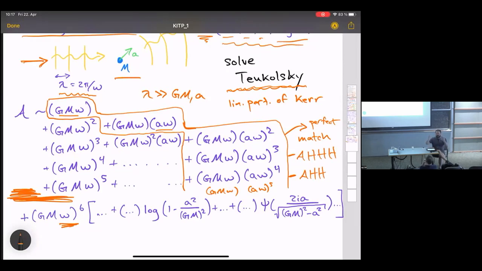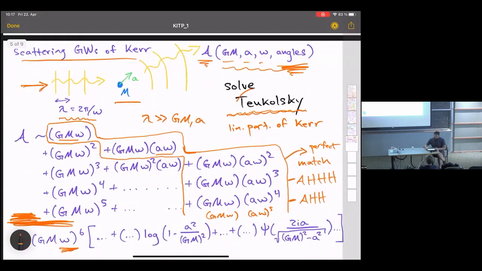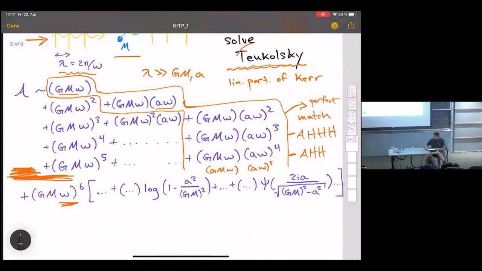By the way, the coefficients that I'm omitting, they only depend on these three angles that I was mentioning. In fact, they're also polynomial in sines and cosines of half of those angles, apart from some overall factor which represents the physical pole at forward scattering.